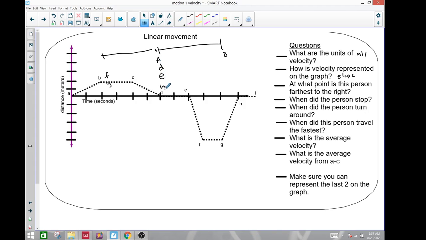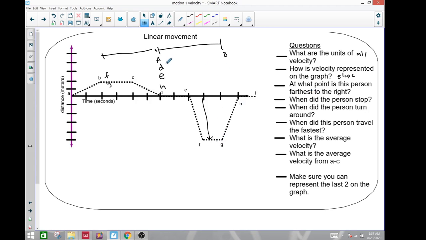So at what point is the person the farthest away? Well, this happened to be the largest distance from here to here. At what point is this person the farthest to the right? Again, up and down, right, left.